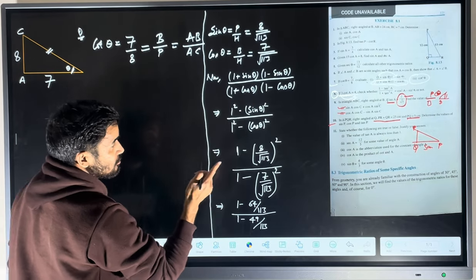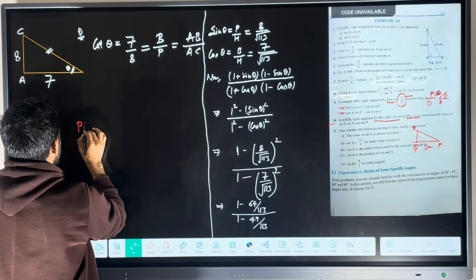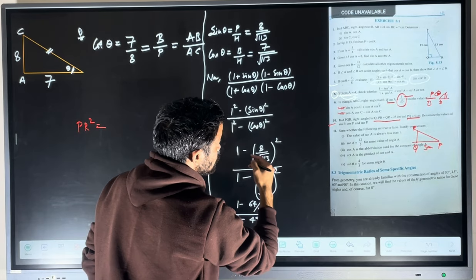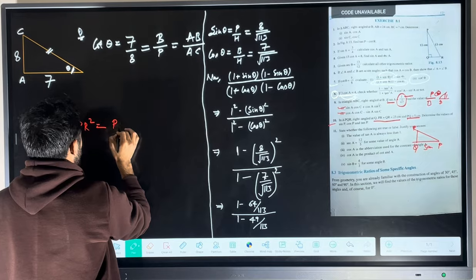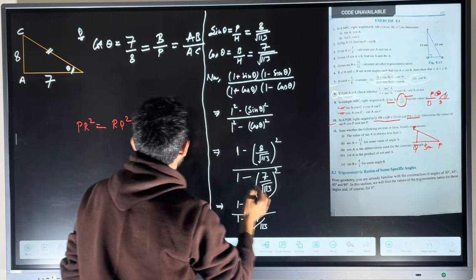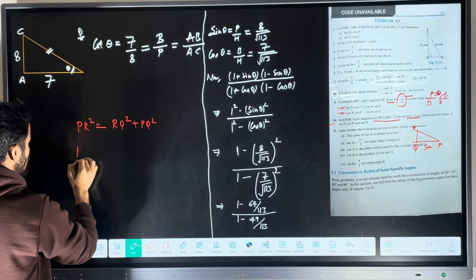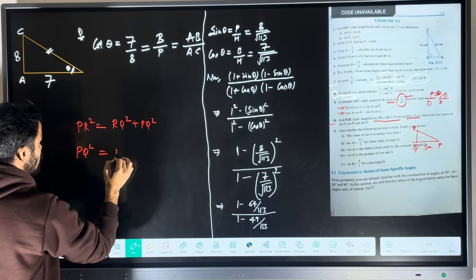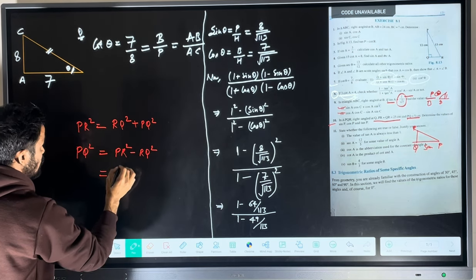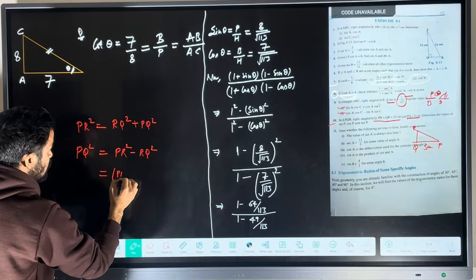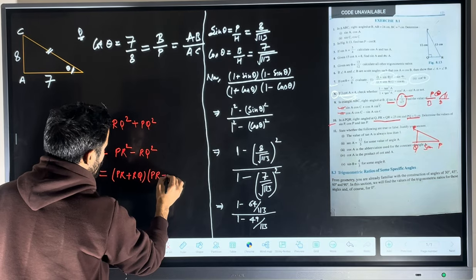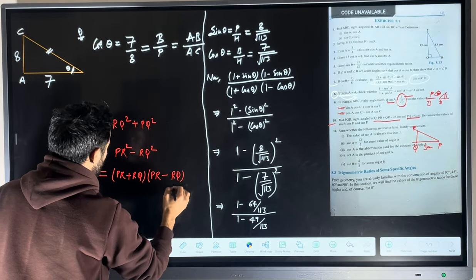Now if we apply the Pythagoras theorem over here, PR square is equal to RQ square plus PQ square. Now we have the value of PQ, so if we shift it here, PQ square is equal to PR square minus RQ square. Apply the formula of a square minus b square. So (PR plus RQ) into (PR minus RQ) is PQ square.